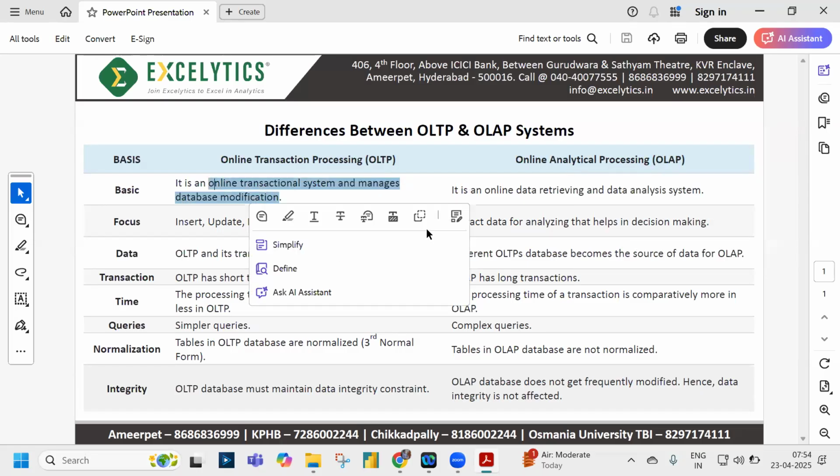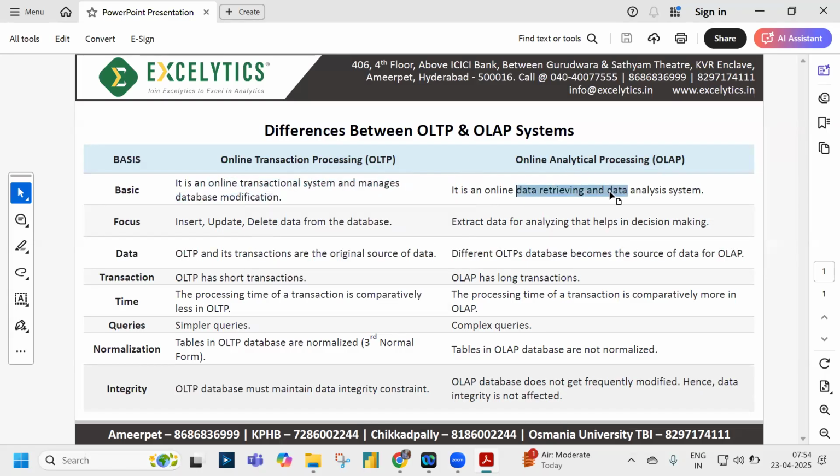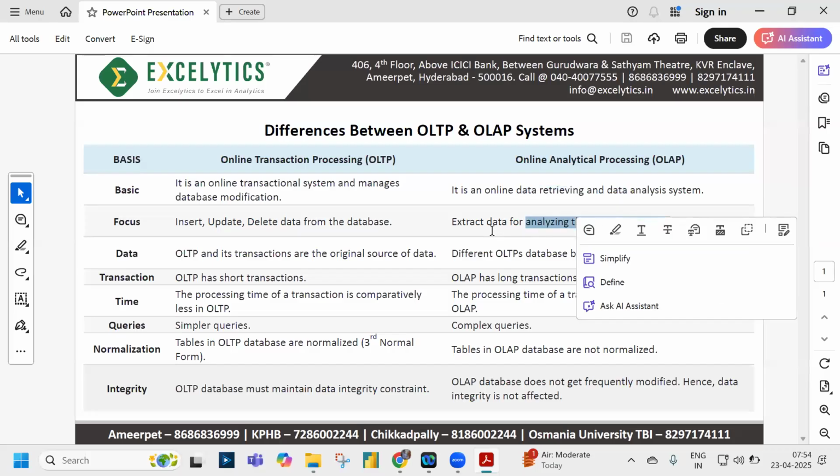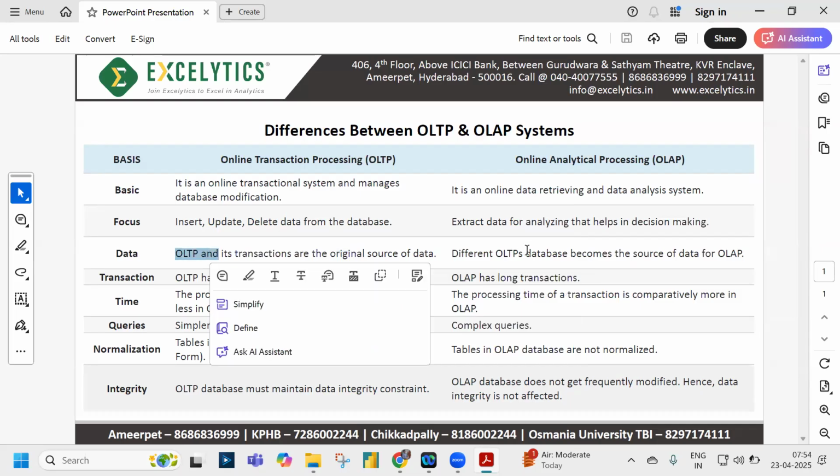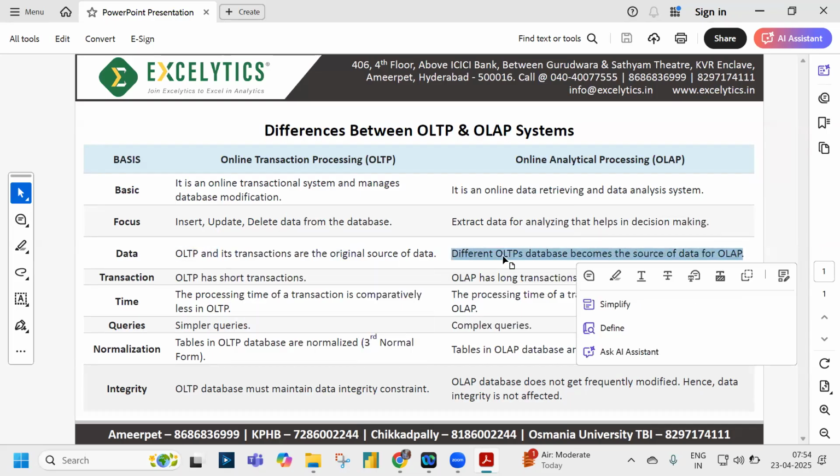So OLTP is for the transactions, and OLAP is for data retrieval and decision making. OLTP is the original source of data because this is where the transactions take place for the first time, and later the same data can be copied into OLAP. That's why OLAP gets the data from different OLTP databases.